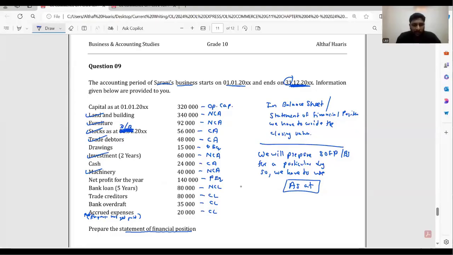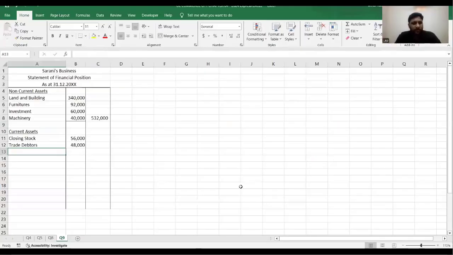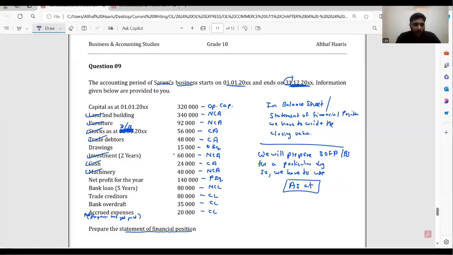Then we have cash 24,000. I think we are done with all the assets also.